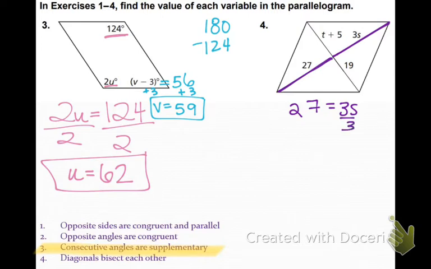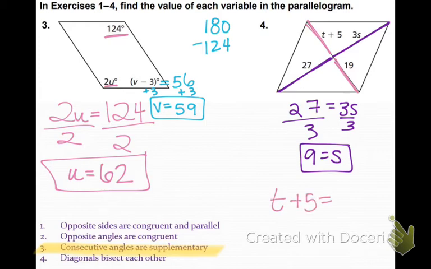So divide by 3, s equals 9. And guess what we do to the t plus 5? Set it equal to 19. Yep, same thing. T plus 5 equals 19. So t equals 14.